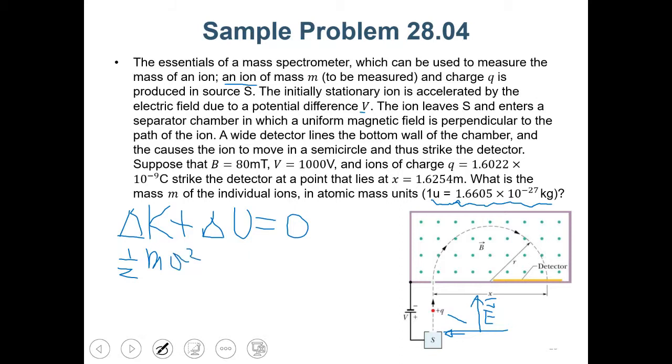The change in kinetic energy is half of m v squared, and the change in potential energy is qV, so half m v squared minus qV equals 0. So we have v equals the square root of 2qV over m.